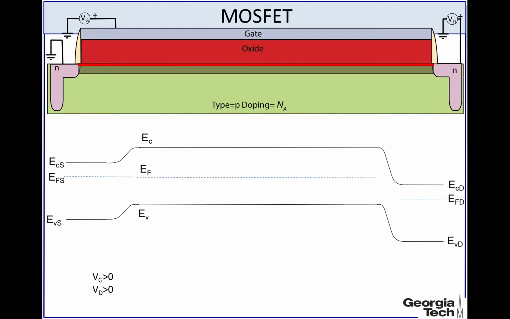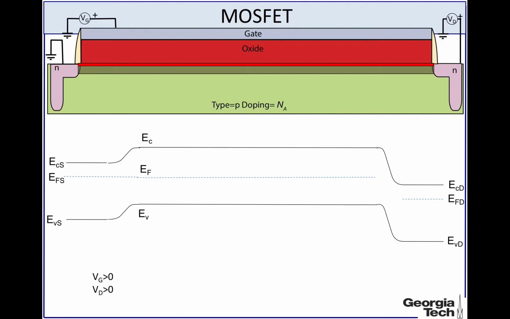All right, what you'll see is that now the barrier height has decreased, and the amount by which the barrier has decreased is equal to Q psi s. We'll look into that in the next slide.